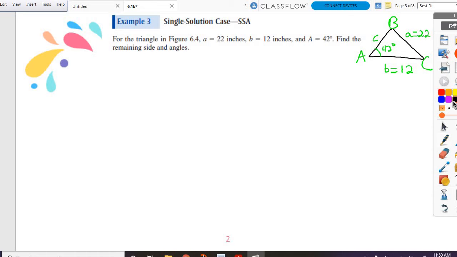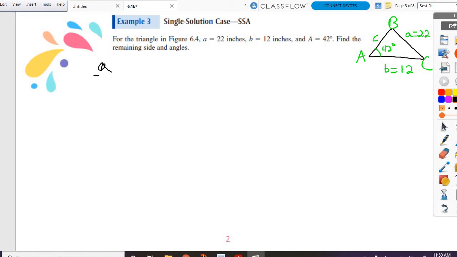So, what side or angle do we have enough information to find right now? Well, they already give us big A and little a. We can find big B. So remember, we have big A and little a, so we know that that's going to have to be the first ratio that I use.